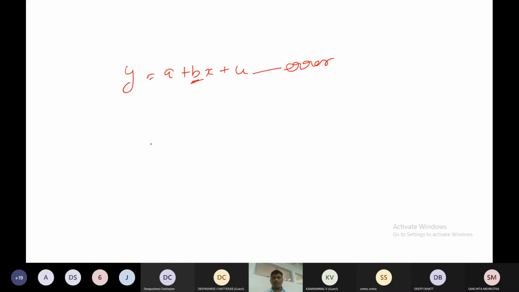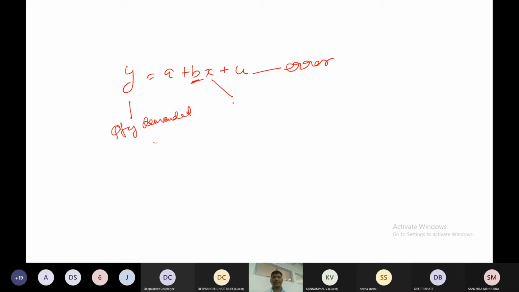Let's take an example. Let's say this is quantity demanded. Can anyone tell me the X variable? Quantity demanded is a function of?